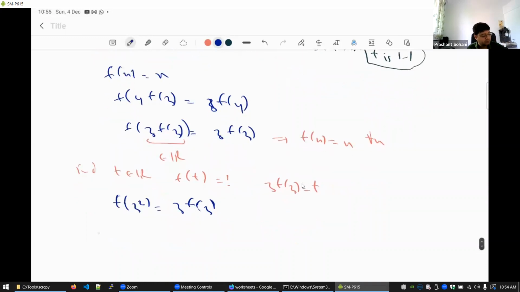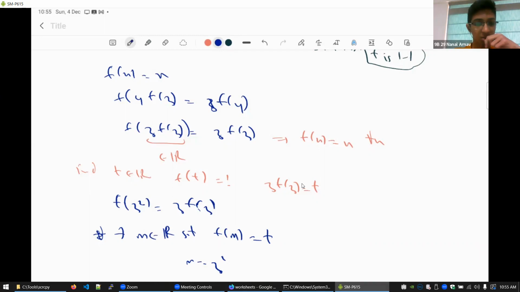So there will exist some real number, I'll call it m, such that f of m is equal to t. And now if that m is non-negative, then I can write m is equal to z square, right? And if m is negative, then f of minus m is f of m. Oh no, sorry, actually I made a mistake.